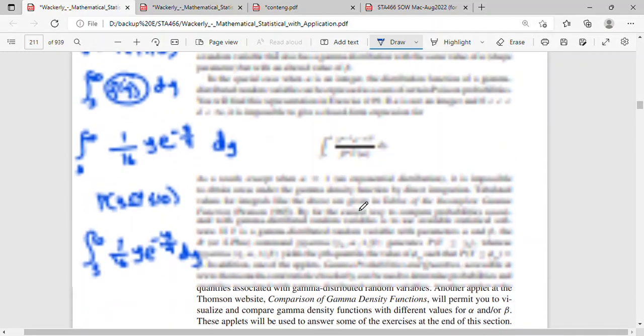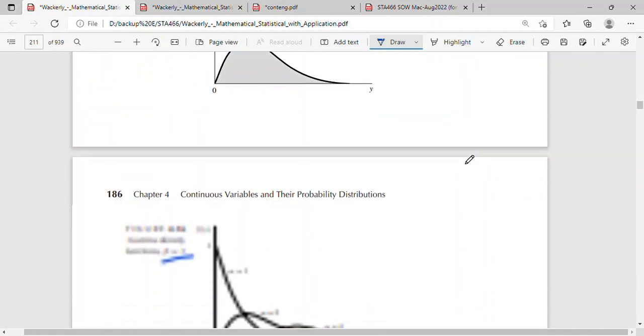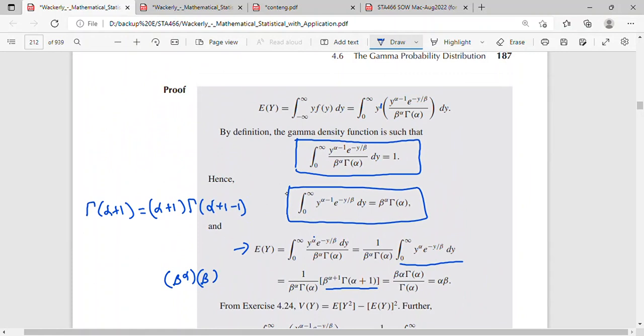Remember, like before, this part: gamma alpha equals alpha minus 1 multiply with gamma alpha minus 1. And the one above, gamma alpha is also equal to alpha minus 1 multiply with gamma alpha minus 1. So gamma alpha plus 1 equals alpha plus 1 minus 1 multiply with gamma alpha plus 1 minus 1.